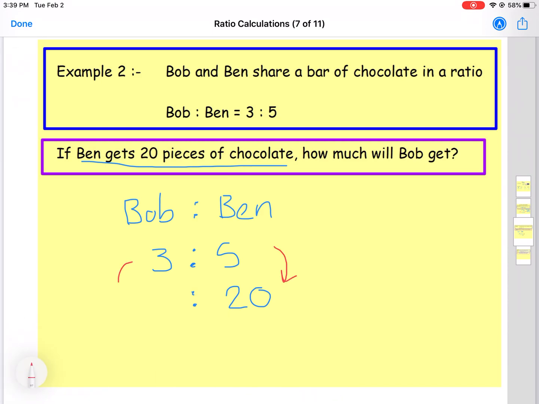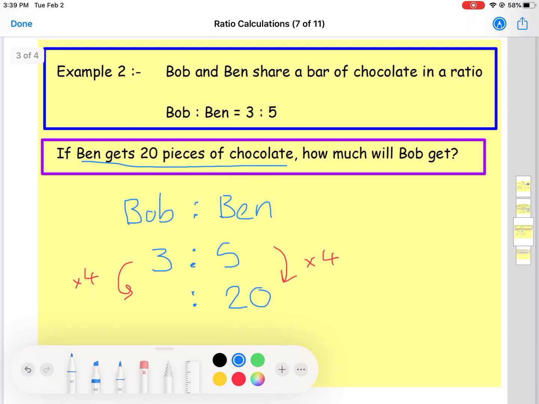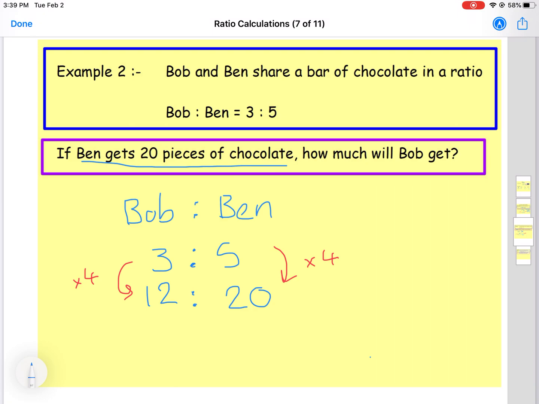Now we work out our calculation and we can find out how much Bob will get. 5 up to 20 I have had to multiply by 4. I'll need to do the same on the other side with Bob's share. 3 times 4 is 12. 12 is my final answer, but I need to relate it back to the question. So Bob will get 12 pieces.